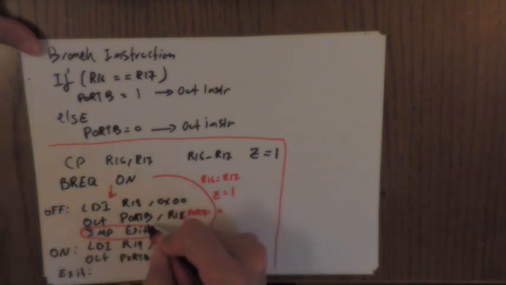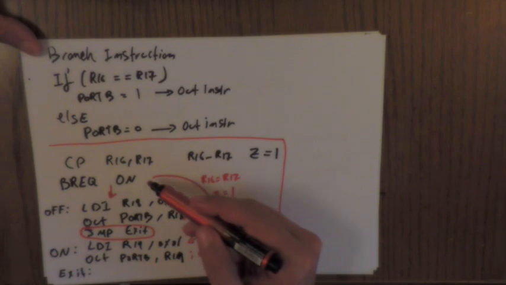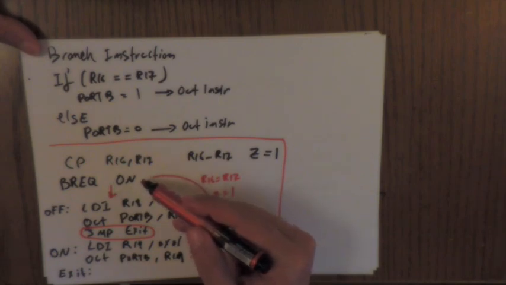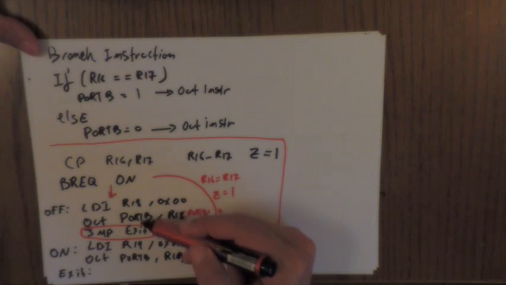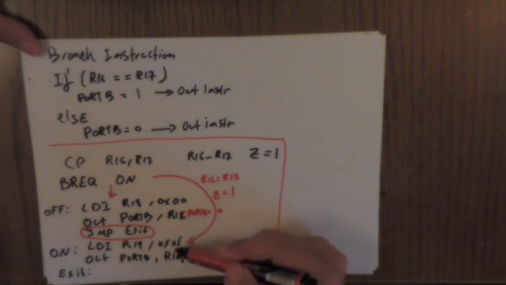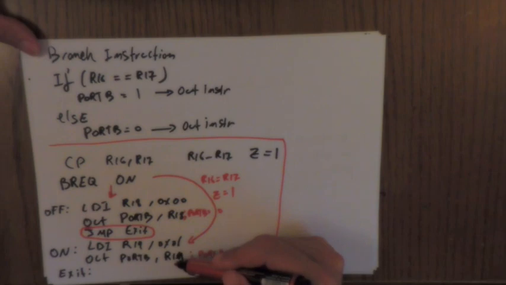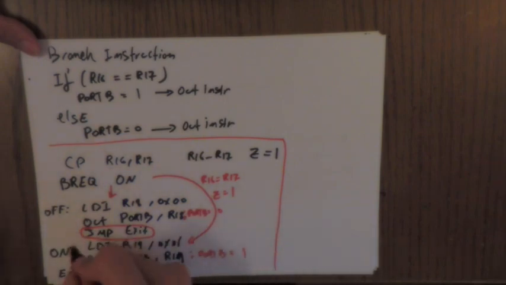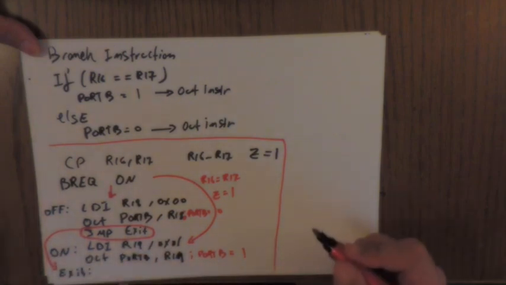When I finish the case where the numbers are not equal, I execute this instruction, then this instruction. If I don't place jump exit here, it will continue on executing LDI and out port B R19. So this instruction will actually jump into exit.